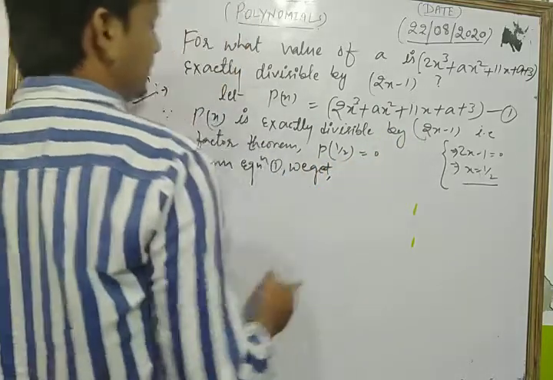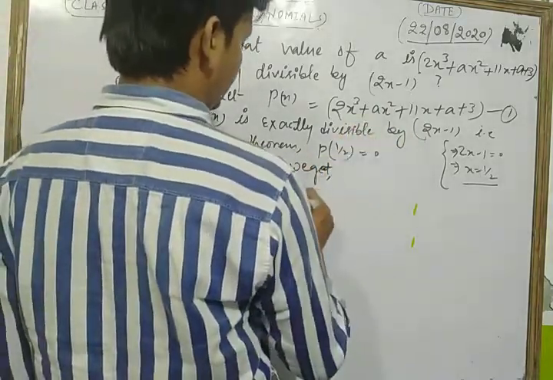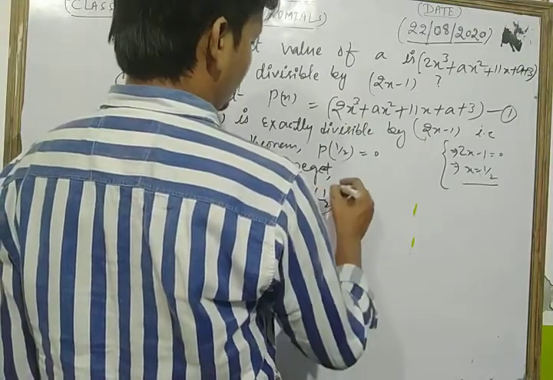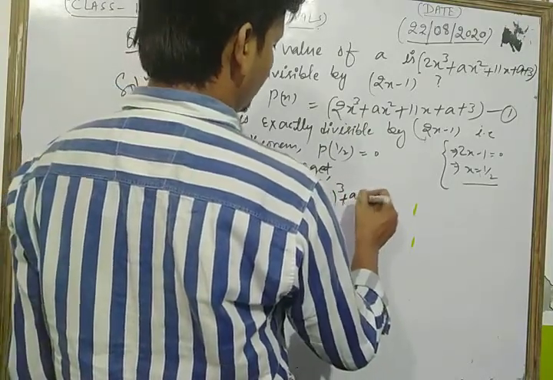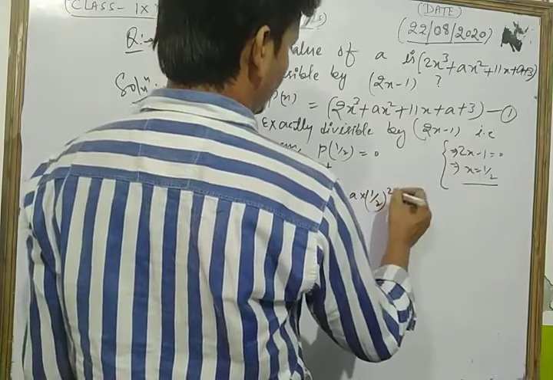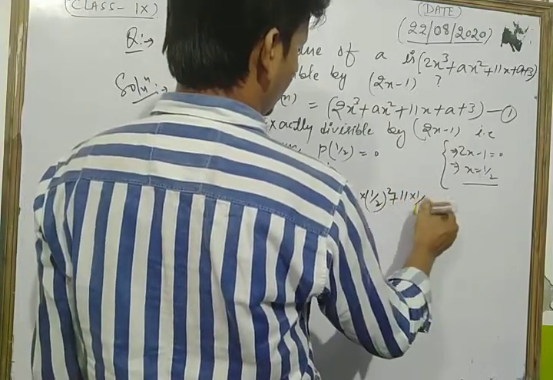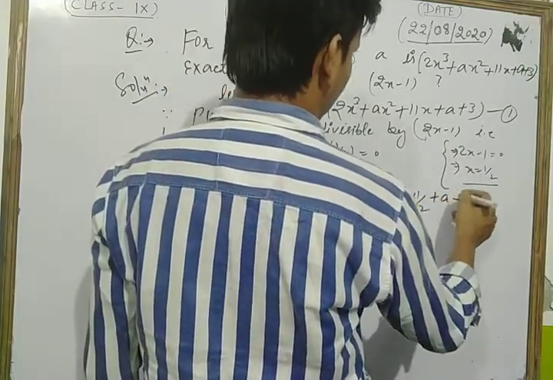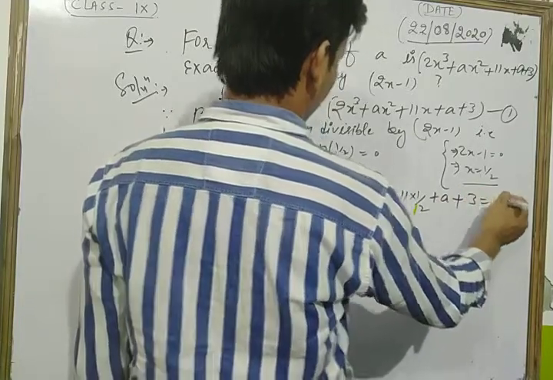So from equation 1, what do we get? We have 2 into (1 by 2) cube plus a into (1 by 2) square plus 11 into 1 by 2 plus a plus 3 is equal to 0.